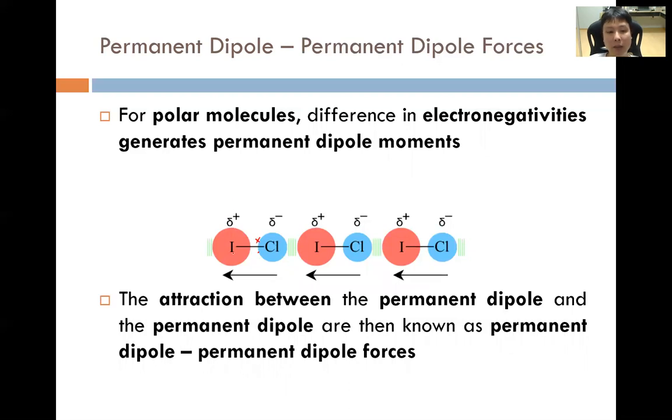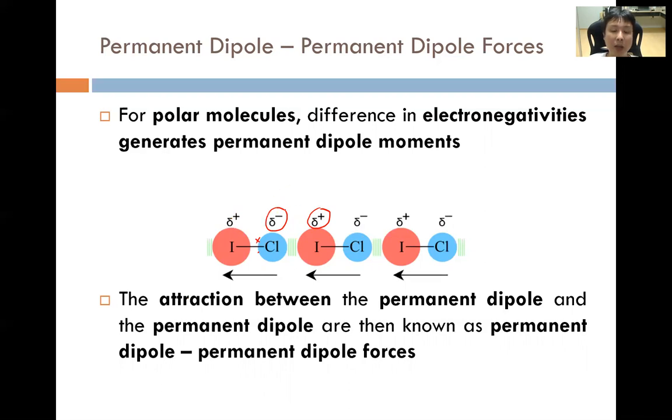When it approaches another ICl, which also has a permanent dipole, they will orientate themselves such that this delta minus is facing this delta plus, and there will be an attraction between them. This is known as the PD-PD interaction.